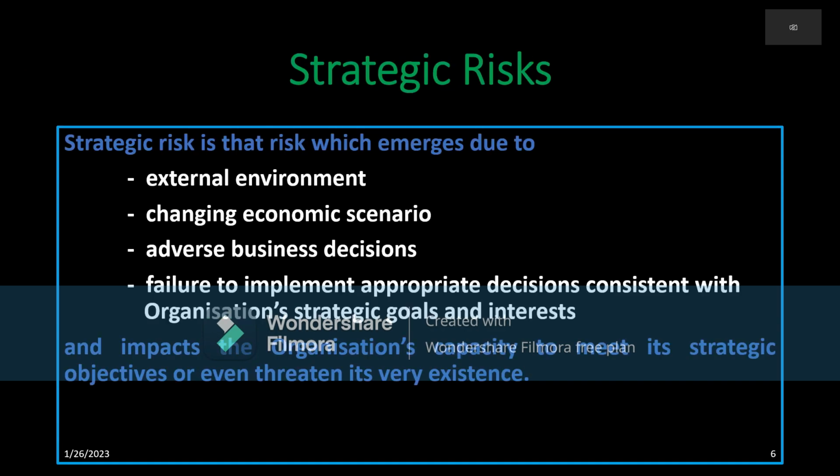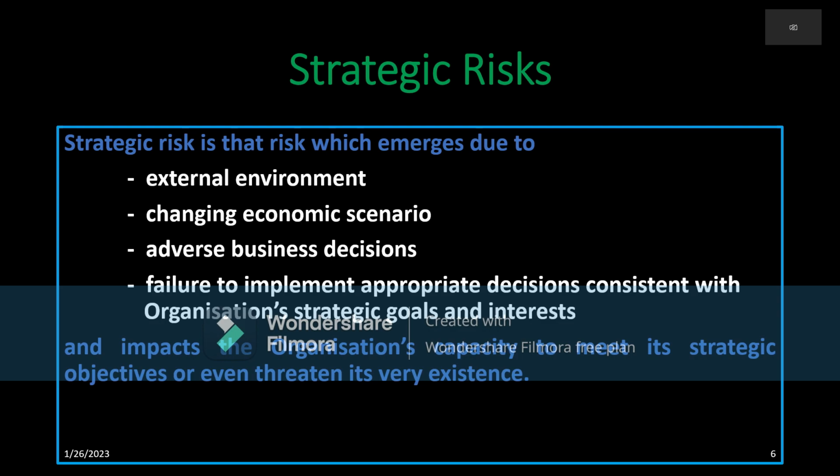Strategic risk is that risk which emerges due to external environment, changing economic scenarios, adverse business decisions, failure to implement appropriate decisions consistent with the organization's strategic goals and interests. Strategic risk impacts the organization's capacity to meet its strategic objectives or even threatens its very existence.